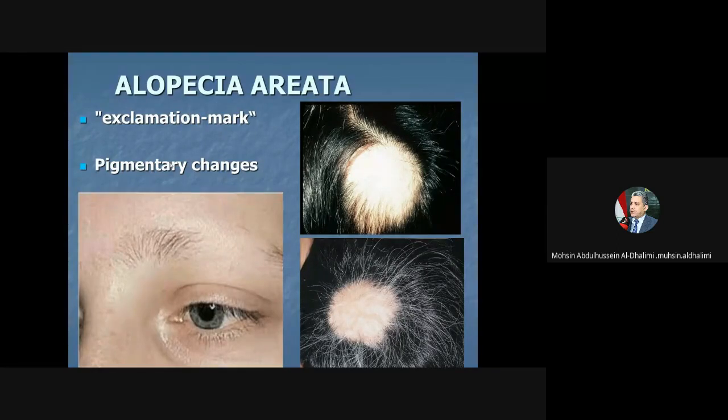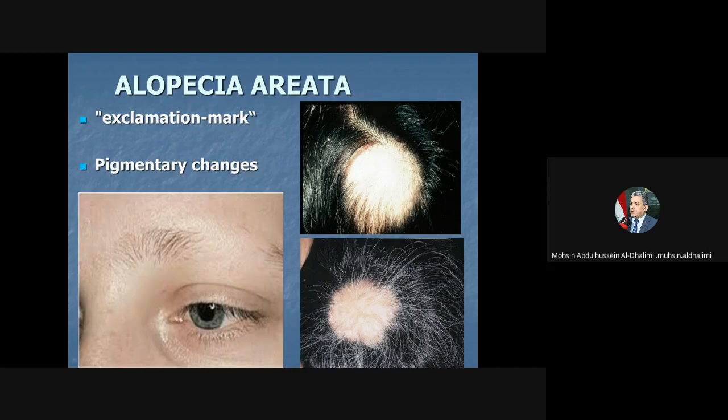راح ناخذ تو كمان كونديشن، واحدة بالباتشي هير لوس وواحدة بالديفيوز هير لوس، ونحكي عليها شوية بالتفصيل. الباتشي هير لوس عندنا فيري كمان كونديشن اللي هي الألوبيشيا أرياتا، اللي هي بالعامية يسموها داء الثعلب. داء الثعلب هو localized hair loss usually acquired characterized by a well localized patch of complete hair loss that arises suddenly with normal underlying skin.